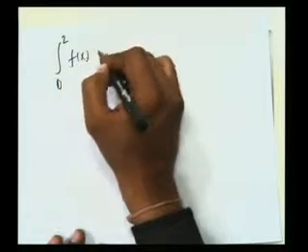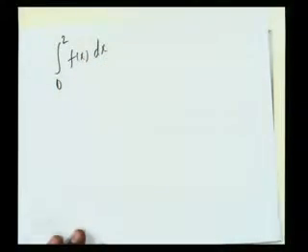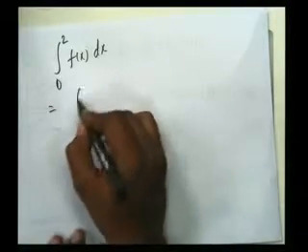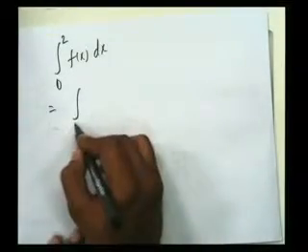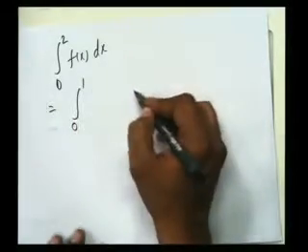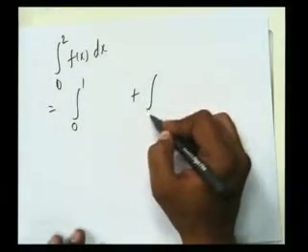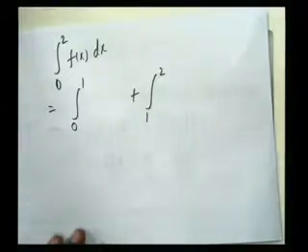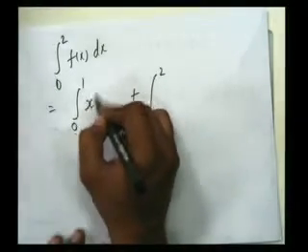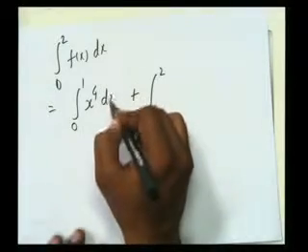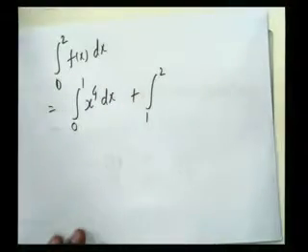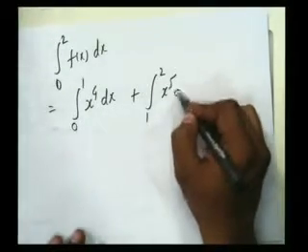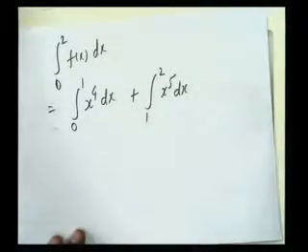Now to evaluate the integral of f(x) dx, we have to divide the integration into two parts, 0 to 1 plus 1 to 2. Between 0 to 1, the definition of the function is x raised to 4 dx, and between 1 to 2, the definition of the function is x raised to 5 dx.